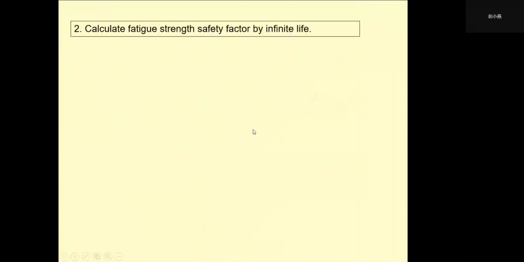Then calculate the fatigue strength safety factor for infinite life. Infinite life means the number of cycles is N0.